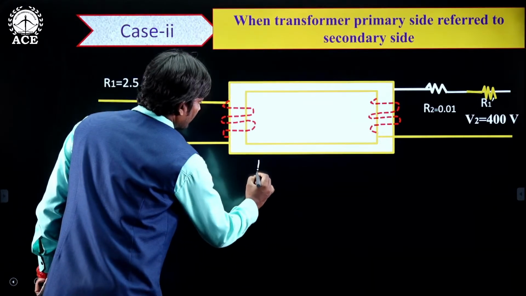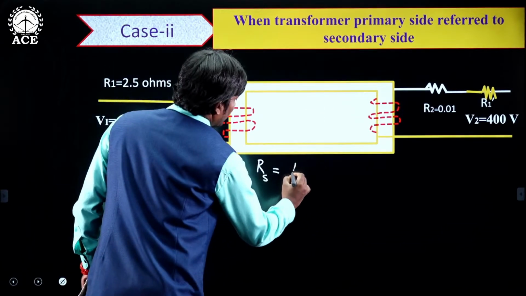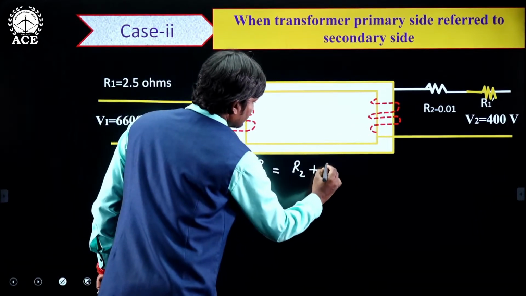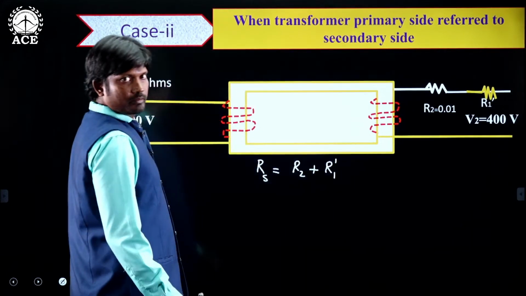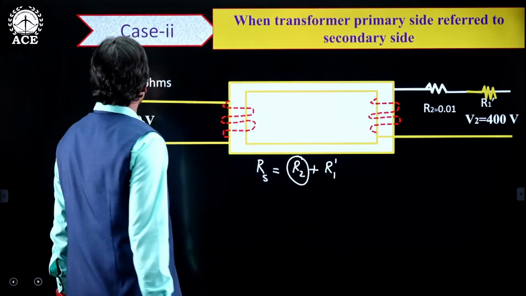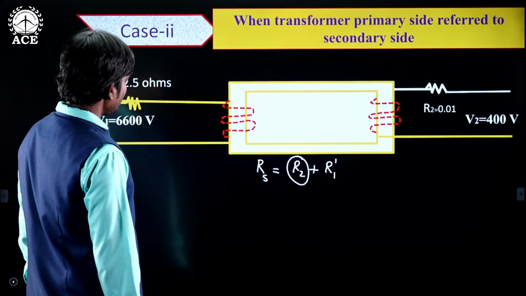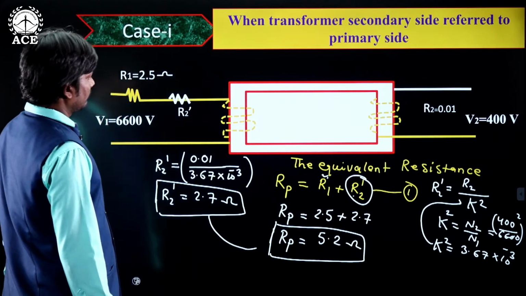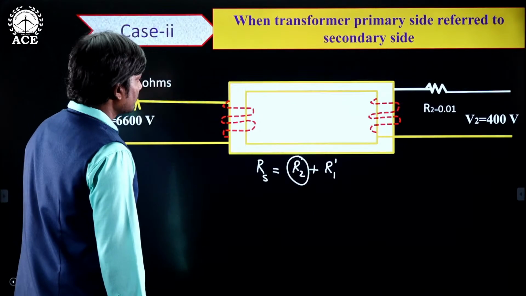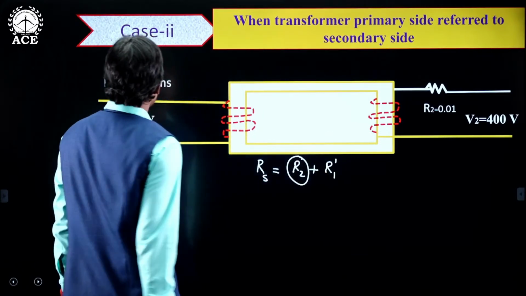Now the equivalent resistance Rs is equal to R2 plus R1 dash. R2 value is given, calculate R1 dash.